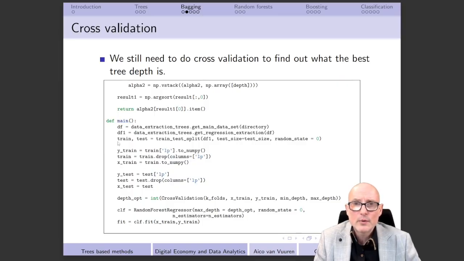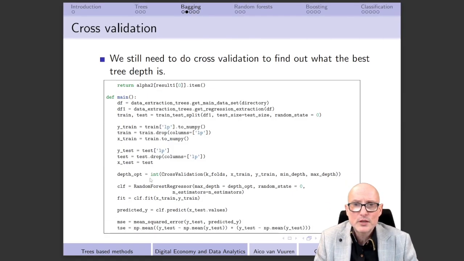Here again we are going to have a split between the training and the test sample. Here we're going to get the x and y values with respect to the training and the test sample. We're going to do the cross-validation over here, and here we're going to calculate the random forest regressor, but now based on, of course, the optimal depth that we have just calculated.